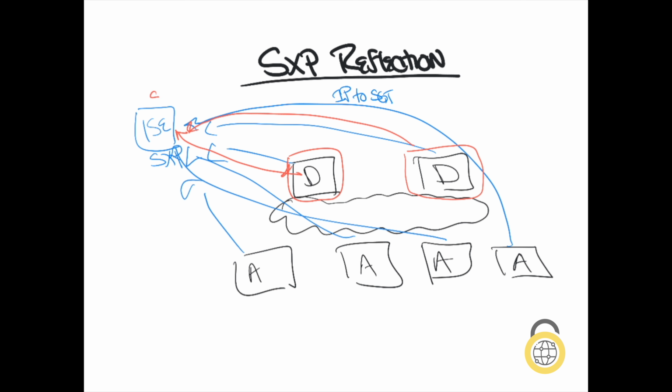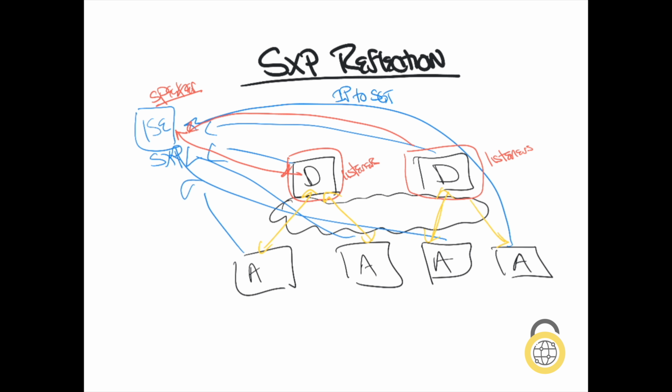ISE is going to be the speaker, because there are two modes here. There's speakers, and then these two switches are going to be listeners. And then these switches at the bottom are going to be listeners to these switches, to the distro switches.